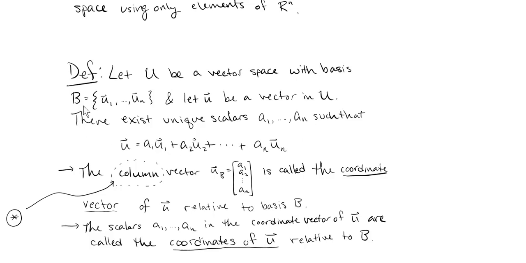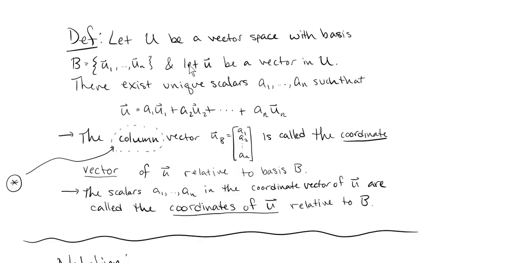Then, by the definition of bases, we know right away that there exists a unique set of scalars, A1 through AN, such that this linear combination of those basis vectors, using the scalars A1 through AN, produces U. Right? There's only one set of scalars, A1 through AN, that will give you U in a linear combination of these basis vectors, U1 through UN.